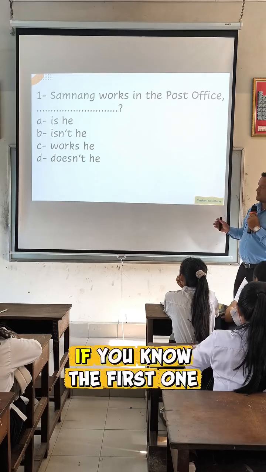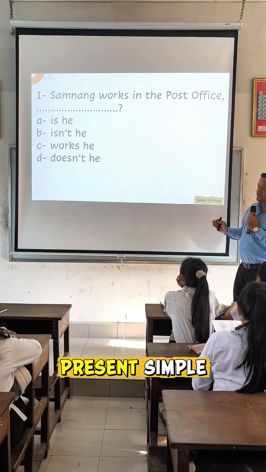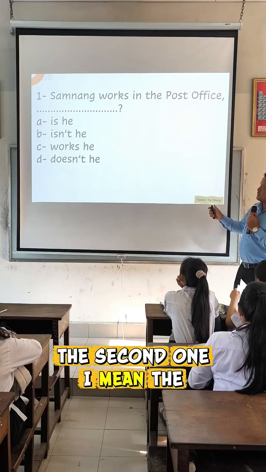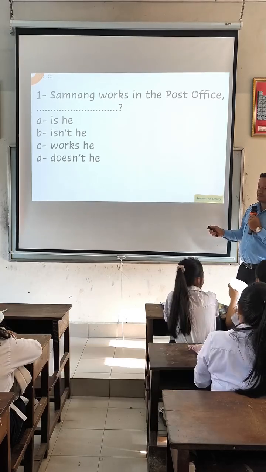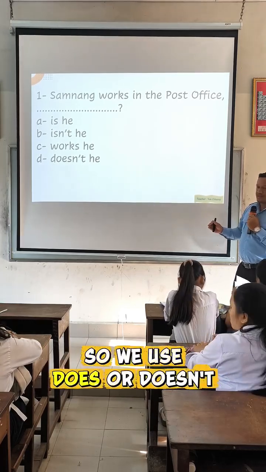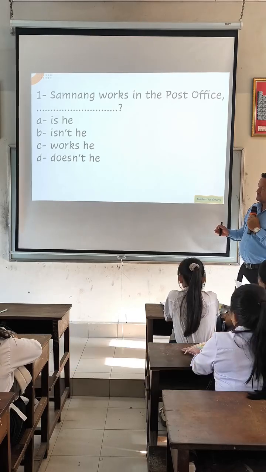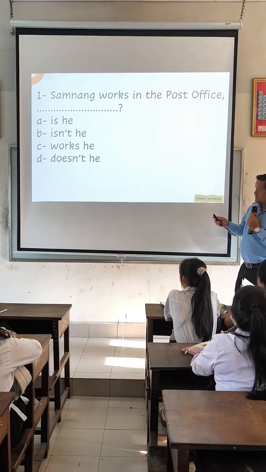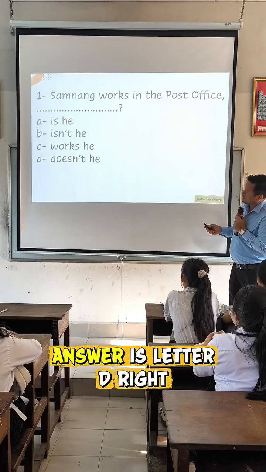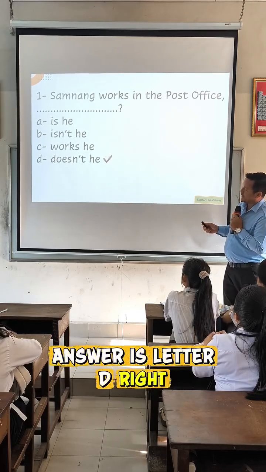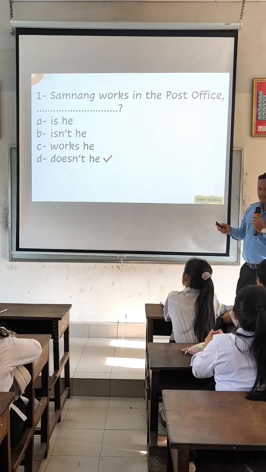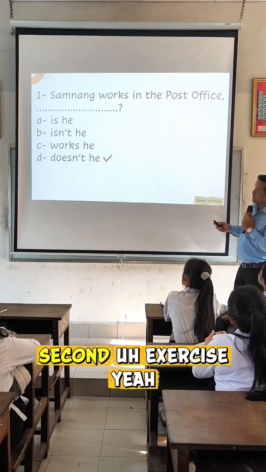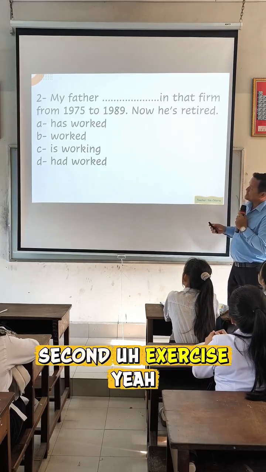So if the first one is present simple, the question tag must be present simple too. So we use does or doesn't to make the question tag. The correct answer is letter D, doesn't he? Okay, we can continue to the second exercise.